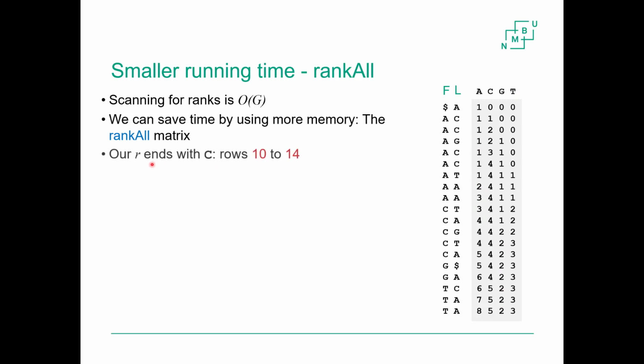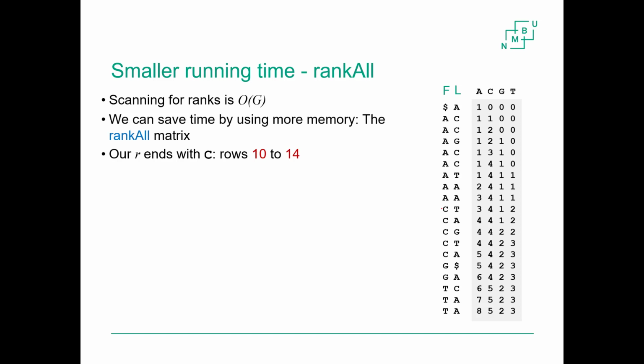Let's see how. Well, when we looked up the read, we looked up the last symbol in the read, which was a C, right? And then we found where we find C in this column here. So let me actually go back to this pen again.